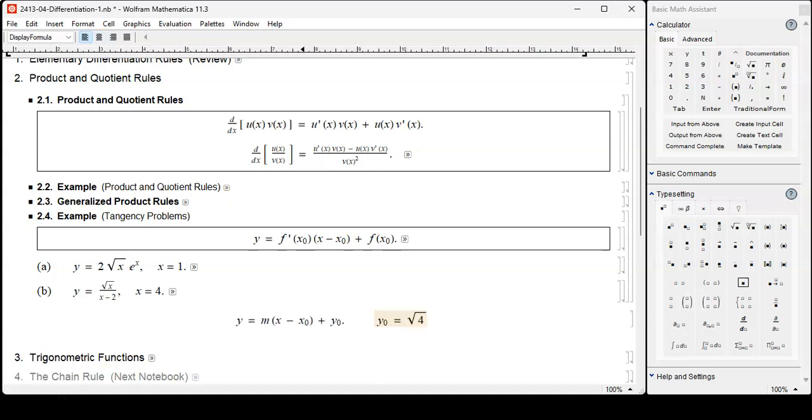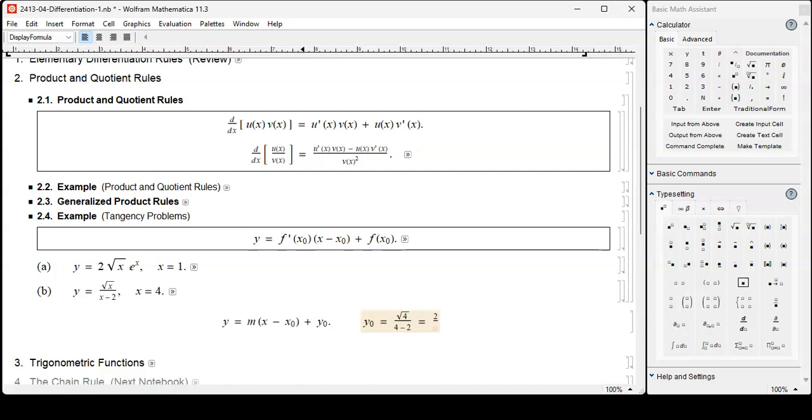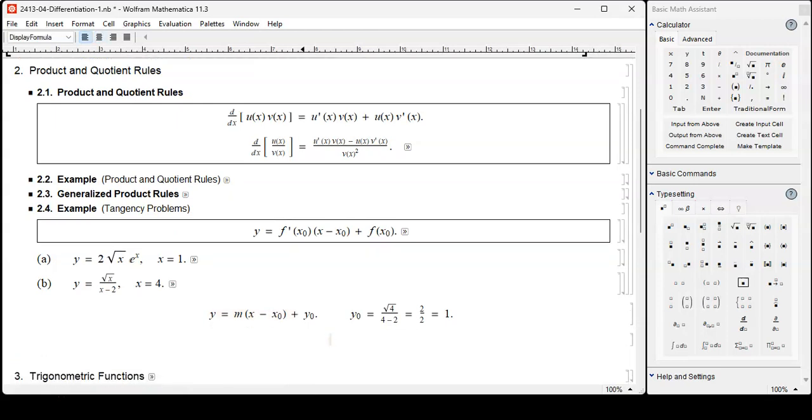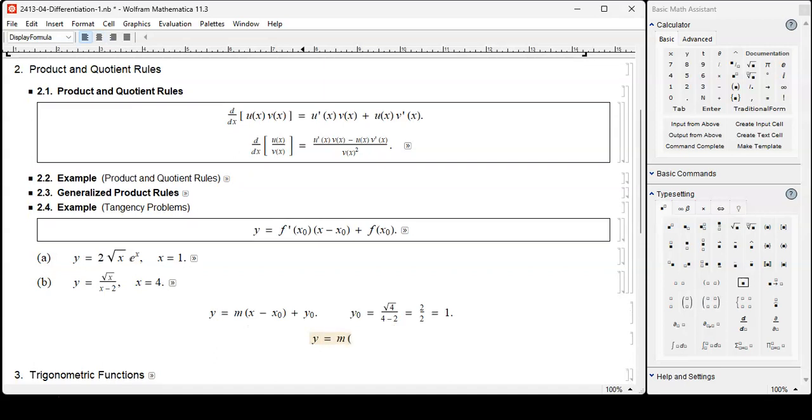Square root of 4 over 4 minus 2. And what is this? 2 over 2. An easy computation. So that's 4 and that's 1. You see, the answer will look like this. y equals m times (x minus 4) plus 1. And of course, we don't have this one yet.